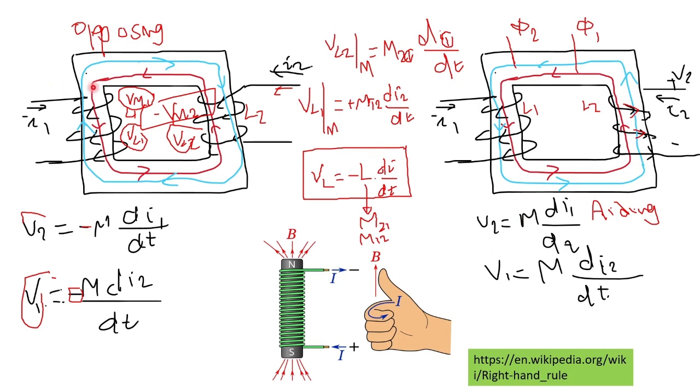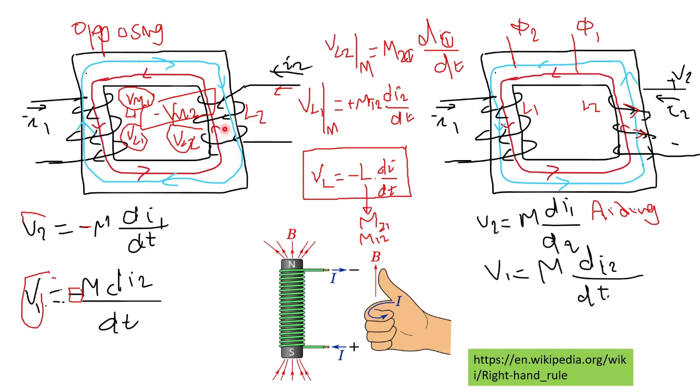The second case, the opposing case, is where, like we have here in this example, I1 has the same direction as before, so the magnetic flux represented by the red line is still directed downward. The current I2 has a reversed direction in this case. If we reapply the right-hand rule, we can see that the magnetic flux represented by the blue line would now be directed downwards.